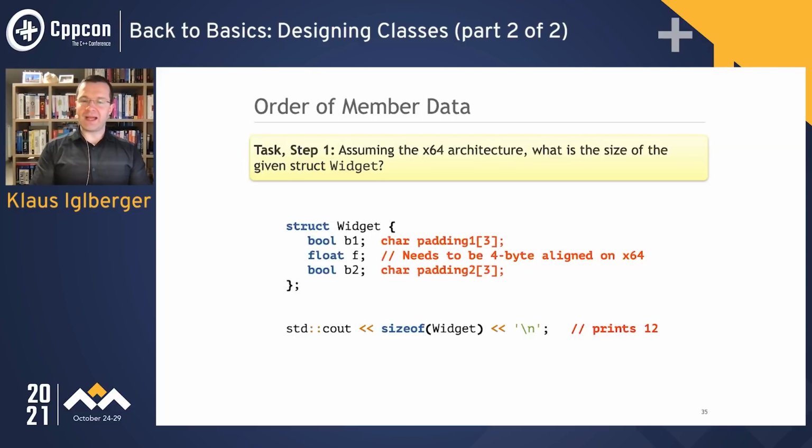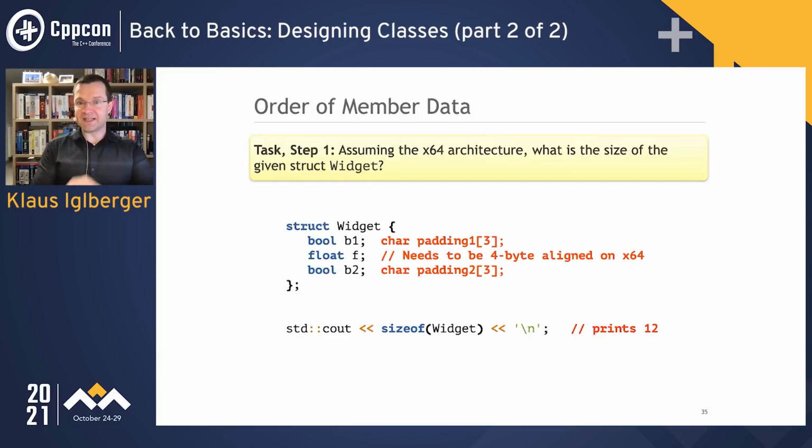I add a couple of padding bytes. Both Booleans are padded by an additional 3 bytes of some type. It's generally invisible, but the bools are suddenly 4 bytes large, at least conceptually. Padding bytes. So in total, the widget now is 12 bytes large.